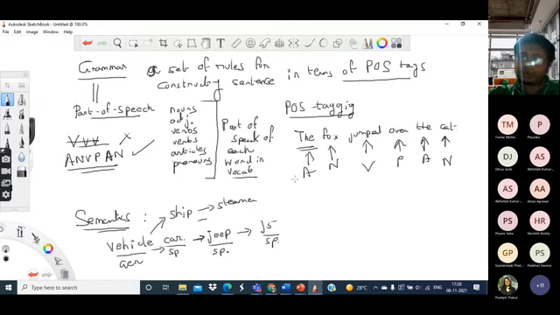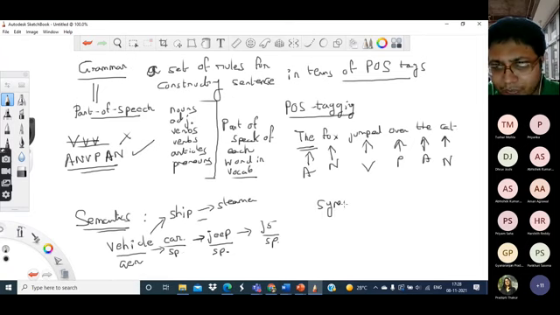Each of them belongs to a particular part of speech tag, and these different words are related to each other according to some kind of relation. Now there may be synonyms, meaning two words which have the same meaning.